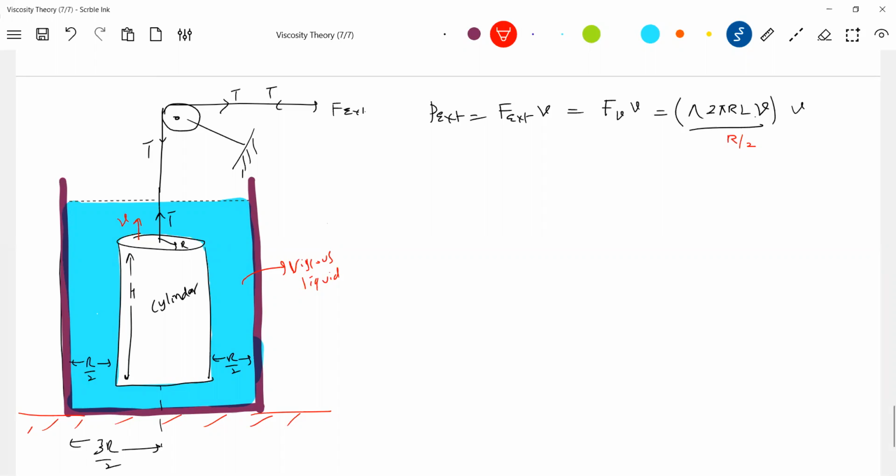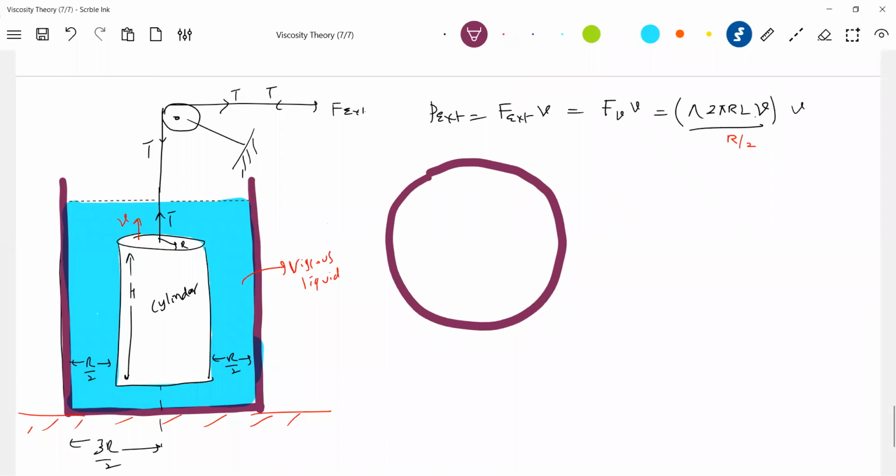Able to understand? See, if you are getting confused, take help of a diagram. Nothing is there. It will be like this. Then the cylinder will be like this. Tell me what can be this distance? R by 2.